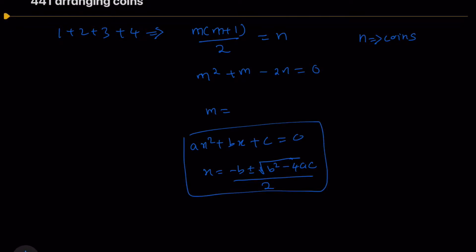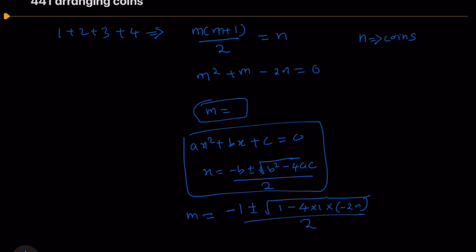So m will be equal to minus b, here b is 1, plus or minus root of 1 minus 4 into 1, a is 1 and c is minus 2n, over 2.